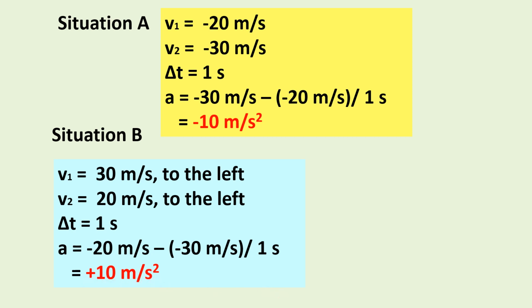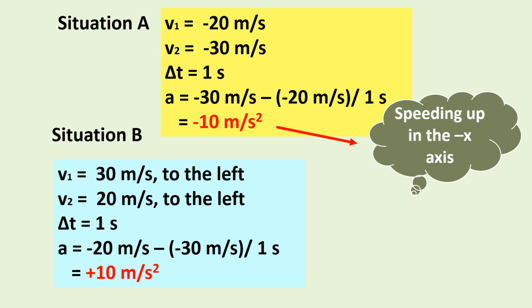Alright? So, what does that mean? It means that in situation A, we have a body that is speeding up in the negative x-axis. Right? So, exactly what the question was trying to assume.